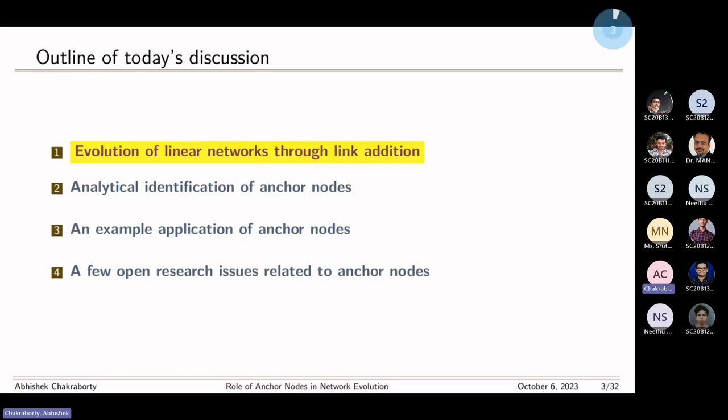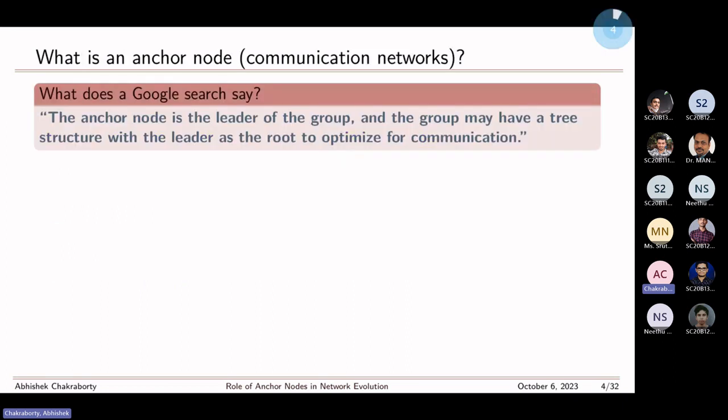So let us start with the first one, the evolution of linear networks through link addition. Before going to this particular link addition technique and how it has evolved, let us see what we mean by anchor nodes. If you give a simple Google search for anchor node in communication networks or networking, it will give some different answers.